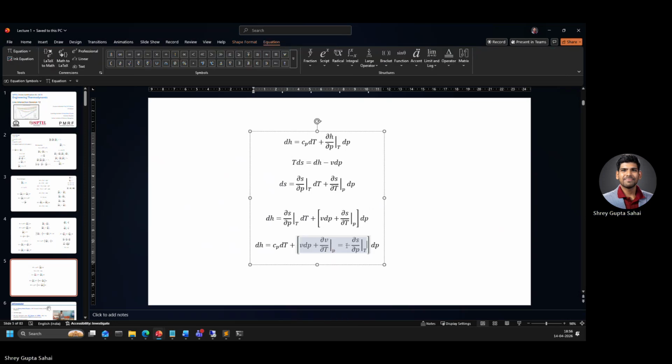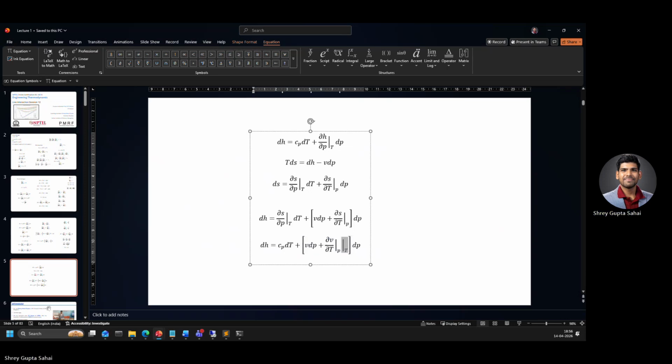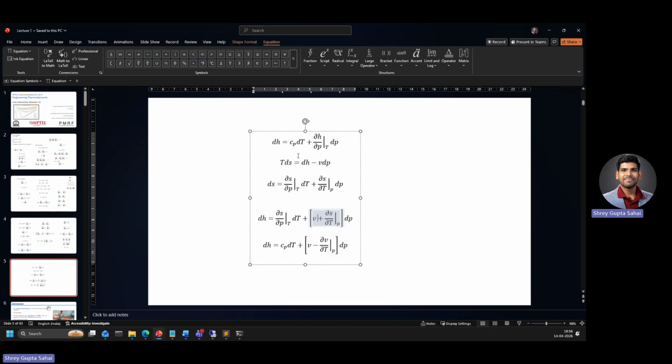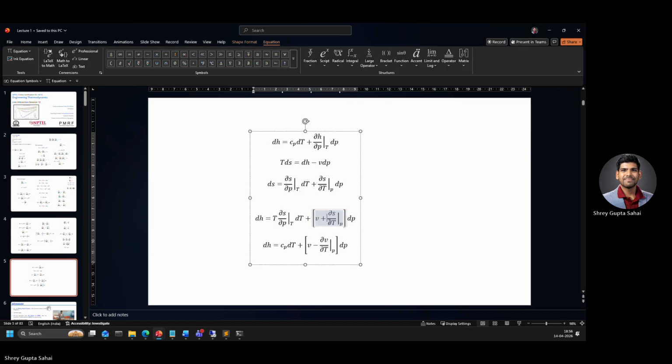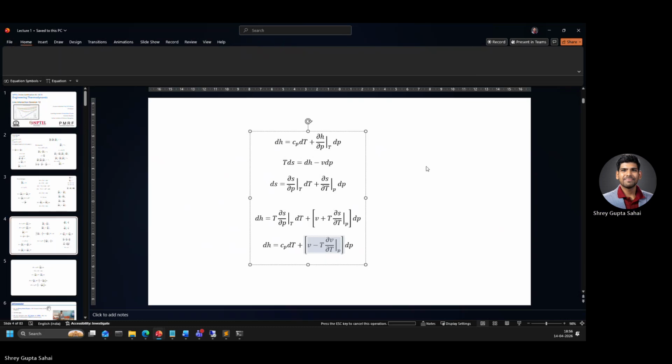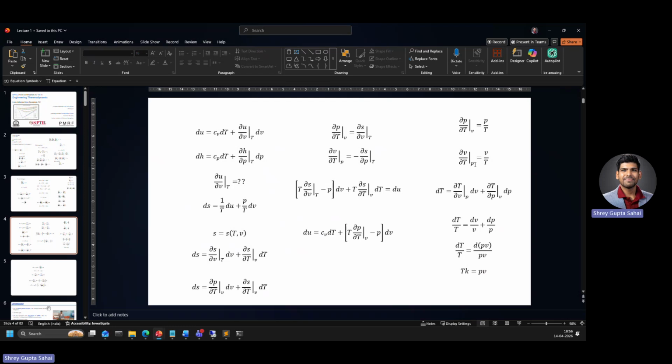The VdP comes out, and it was multiplied by T. Then by del T, constant T.